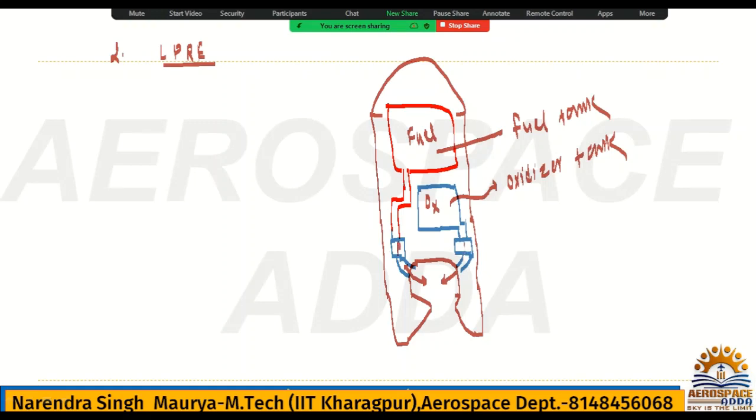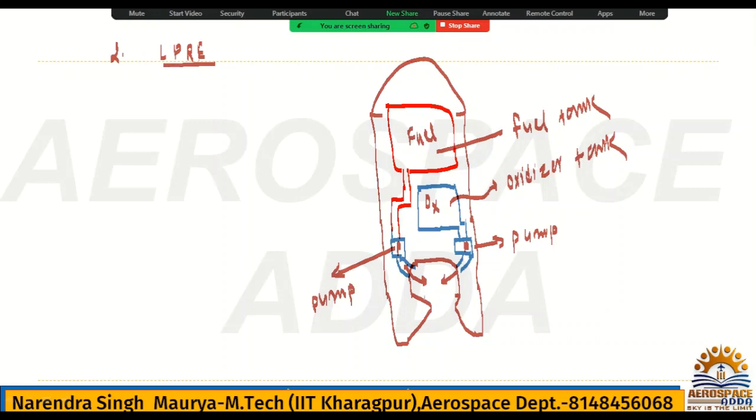This is the pump, because it is liquid, so pressure is required to take the fluid from the vessel or tank. How will you get fuel out of the tank? You have to apply pressure. That suction pump will be there, and that suction pump will be used to take the fluid from the tank to the combustion chamber.